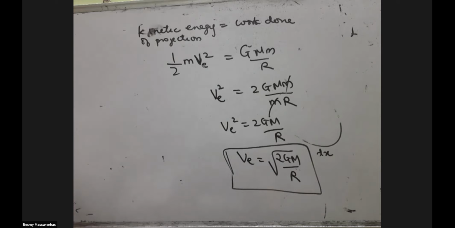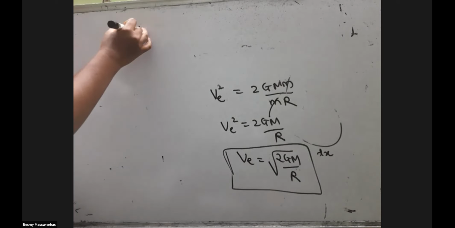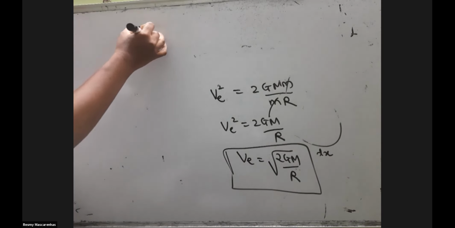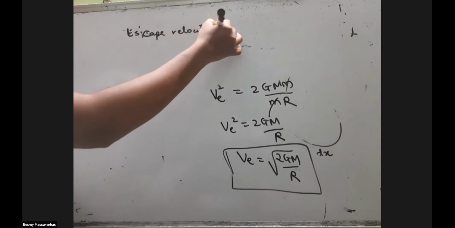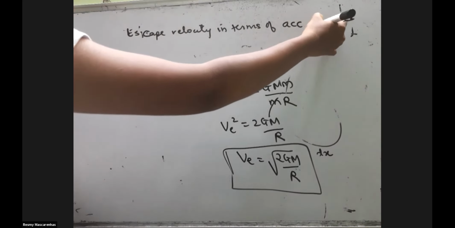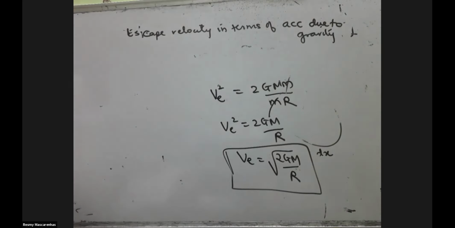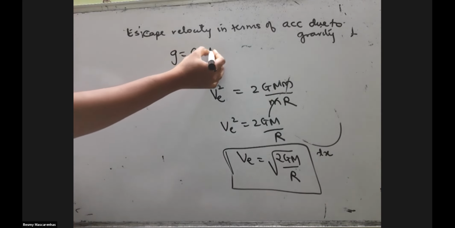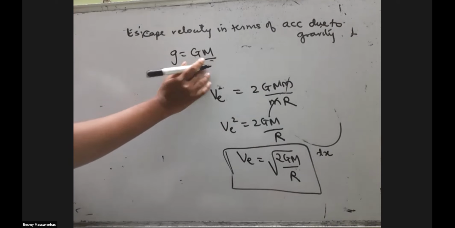You can also express escape velocity in terms of acceleration due to gravity. We already know the formula for gravity, g equals GM upon R square.